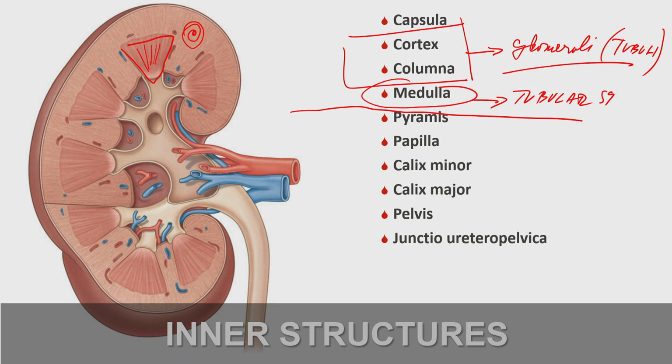The pyramid is made from medulla and forms the papilla, and on the papilla there are small holes which then enter the collecting system. So pyramis and papilla are parts of the medulla, and then we have calyx minor, major, pelvis, and the ureteropelvic junction. So calyces and pelvis are the collecting system, and a key thing to understand is that the collecting system and the functional parenchyma are separate tissues.